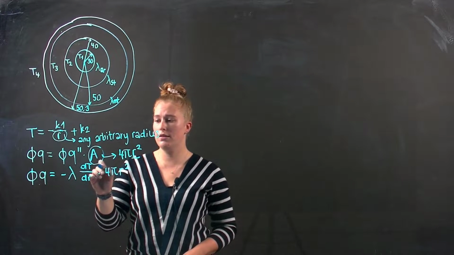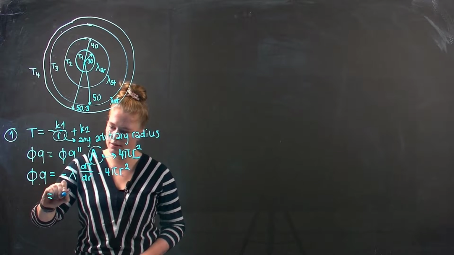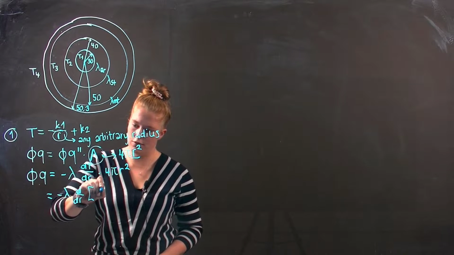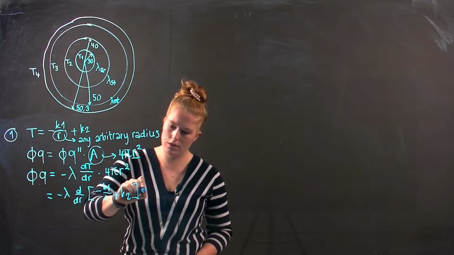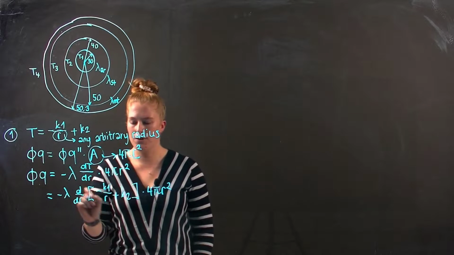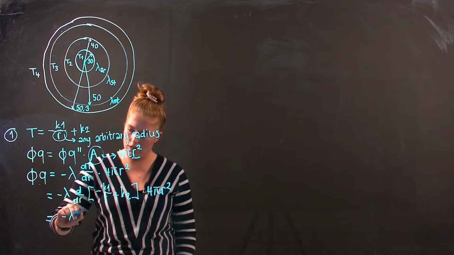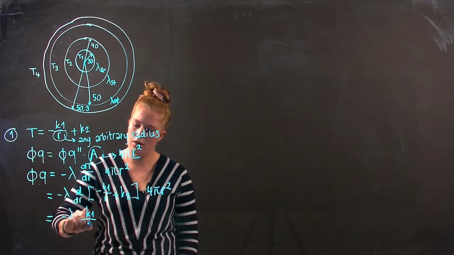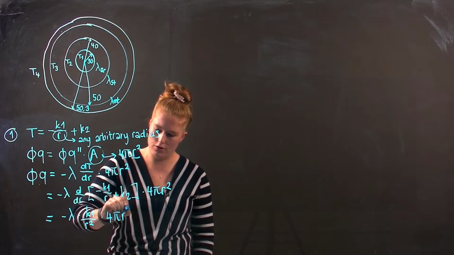If we now plug in our formula for T, we get minus the heat conductivity and then the gradient of minus K1 over R plus K2 times the area. If we rewrite this, we get that this equals minus our heat conductivity times K1 over R squared times 4 pi R squared.